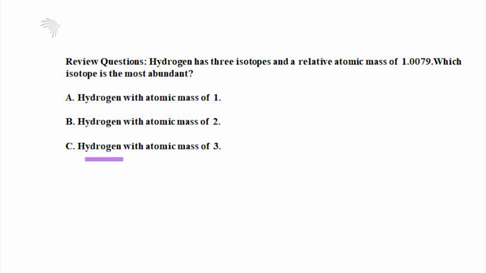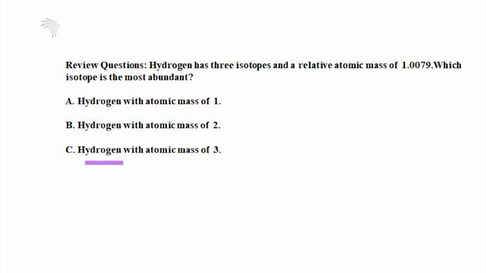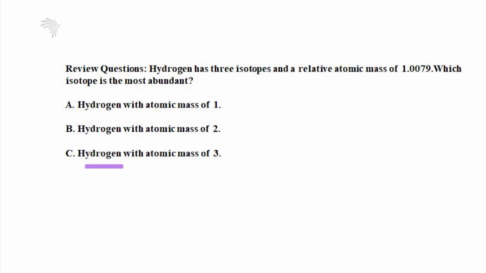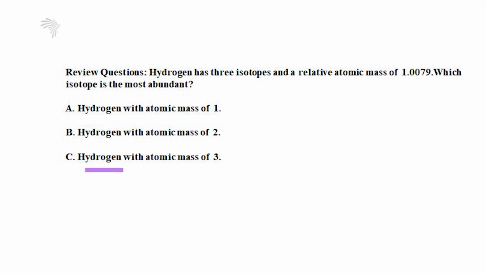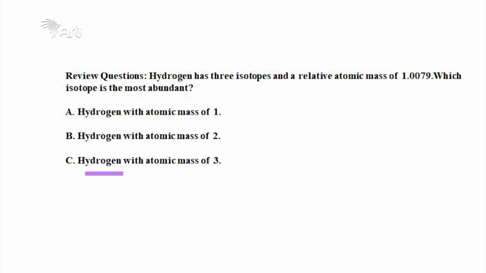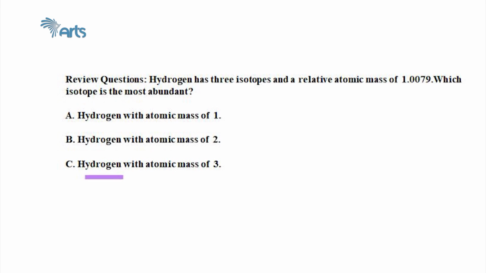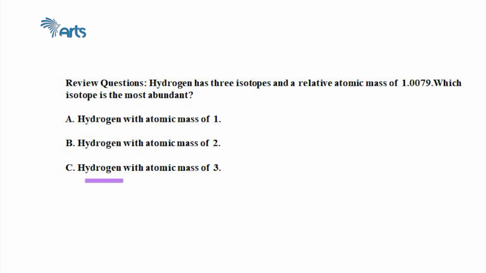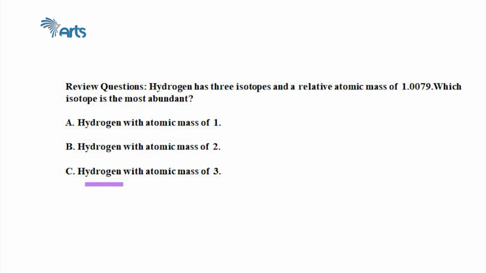The second question, a multiple choice one, says hydrogen has three isotopes and a relative atomic mass of 1.0079. Which isotope is the most abundant? A, hydrogen with atomic mass of 1, B, hydrogen with atomic mass of 2, or C, hydrogen with atomic mass of 3. You can easily apply the explanation already given to calculate the relative atomic mass.